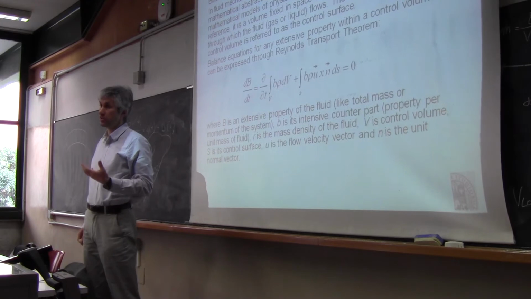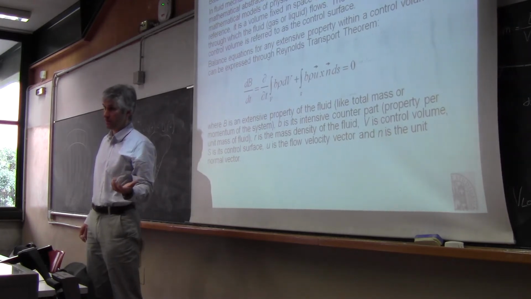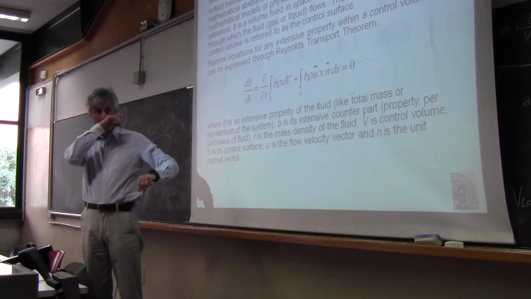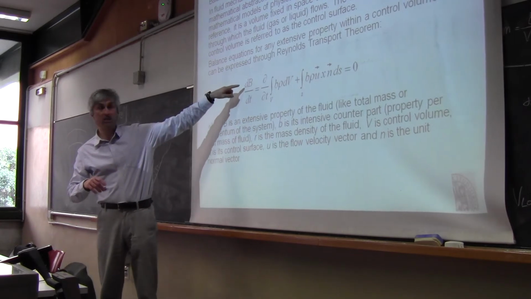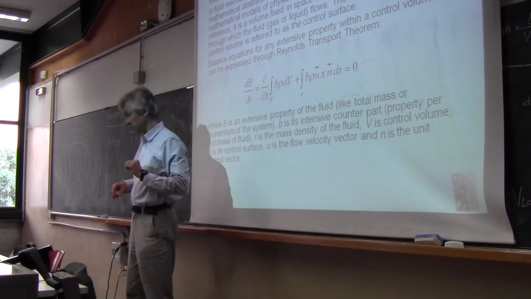So if I consider, for instance, as intensive property the mass density and as extensive property the total mass, the total mass is indicated here with capital B, the mass density with lowercase b.